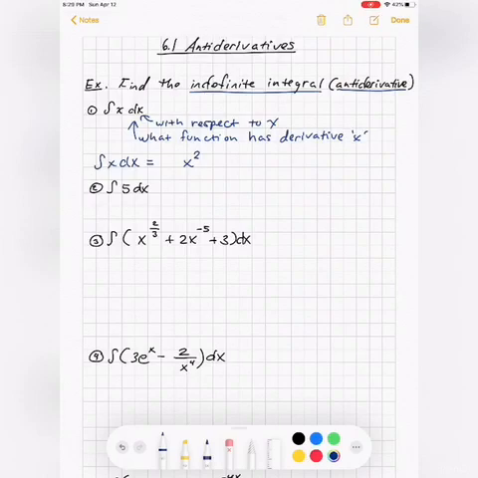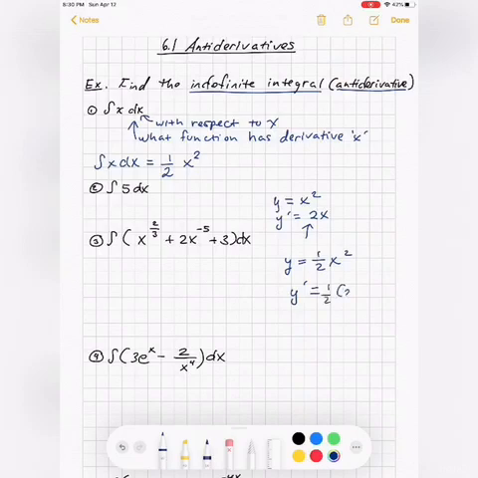But if my function were just x squared, if I differentiated that, I'd have this 2 in front. So wouldn't that mean that I'd need a half in front? Because then if my function were a half x squared, if I differentiate that, I'd have a half times 2 times x to the 1, which is x, which is what I wanted.